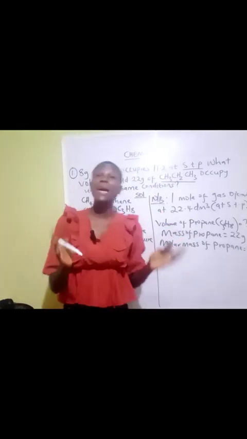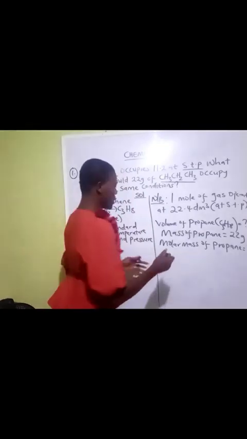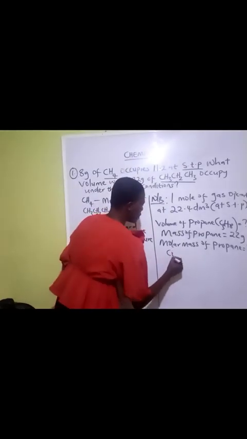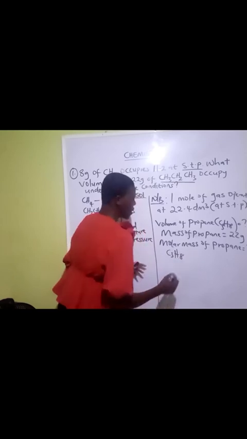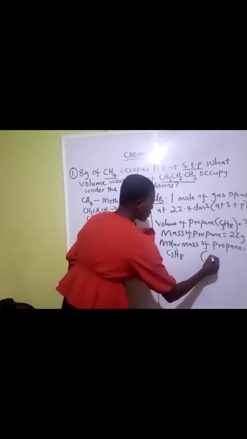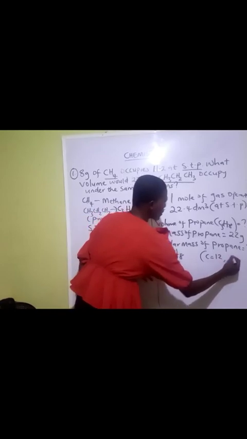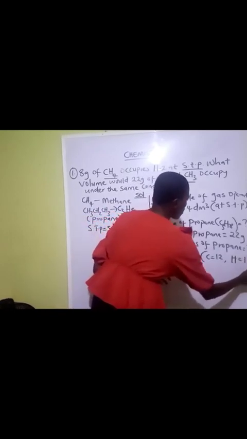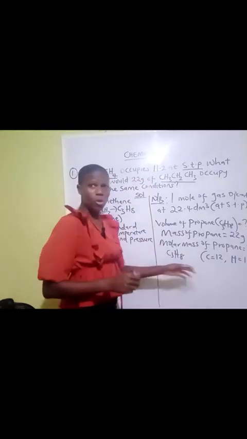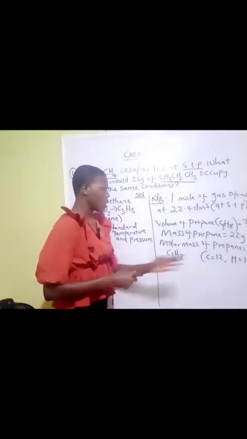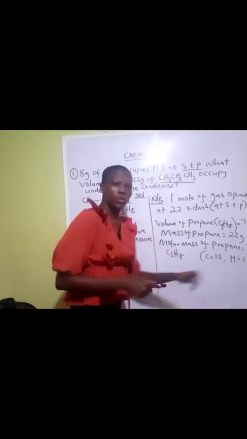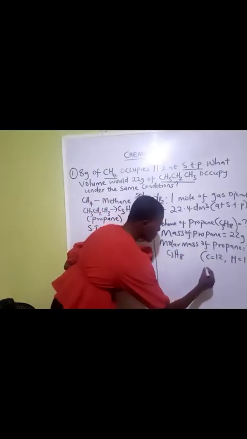Since we know the chemical formula of propane, that's C3H8. It's already given that carbon is equal to 12, and hydrogen is equal to 1. That's the atomic mass, sorry. C is 12 and H is 1.